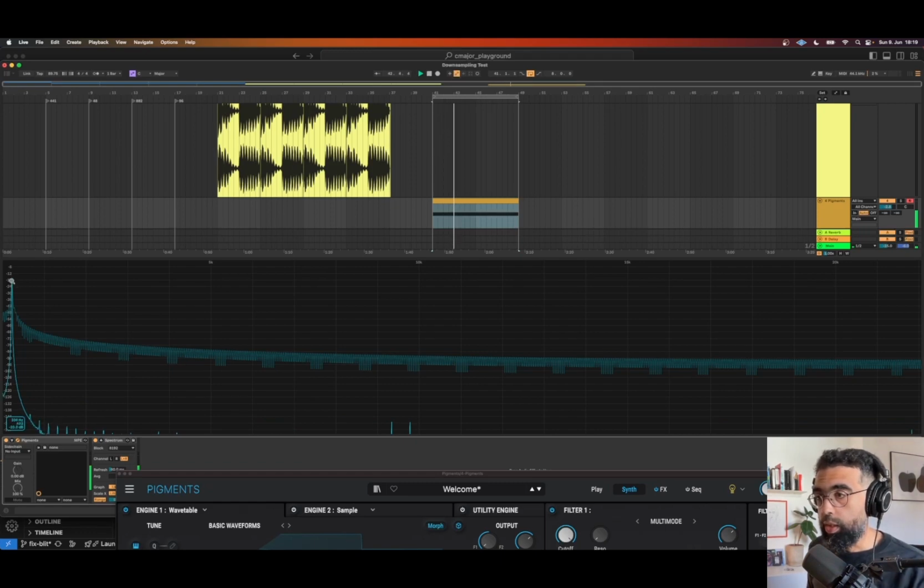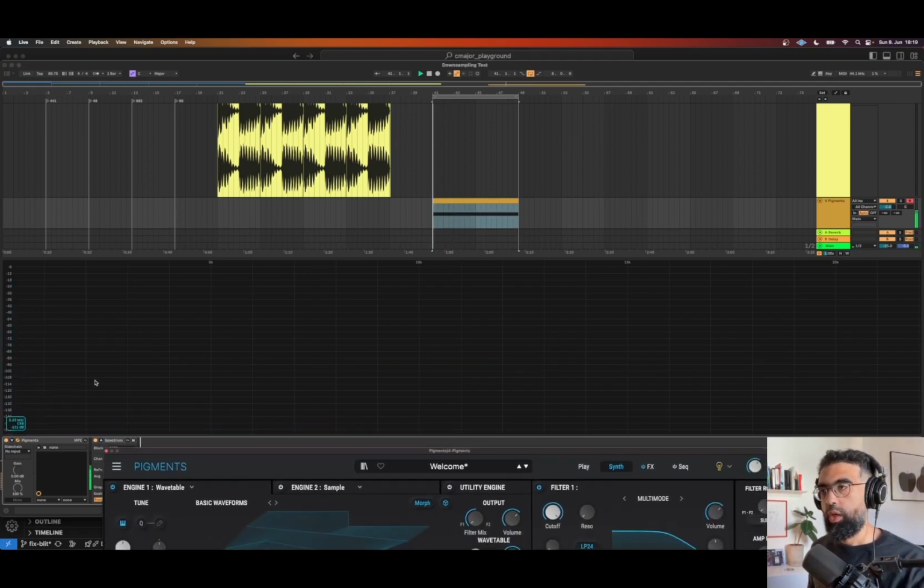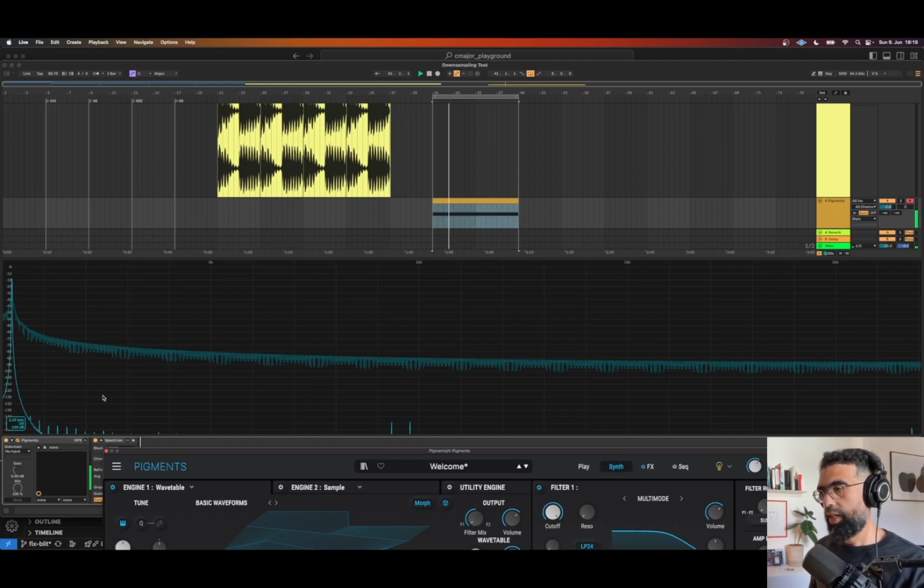So we see one big spike at basically 220. It says 234 there, but I think this is more a result of being all the way over here and having the cursor read weird. So the important part here is that we have the one harmonic.